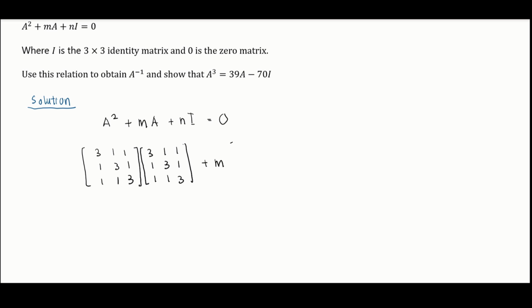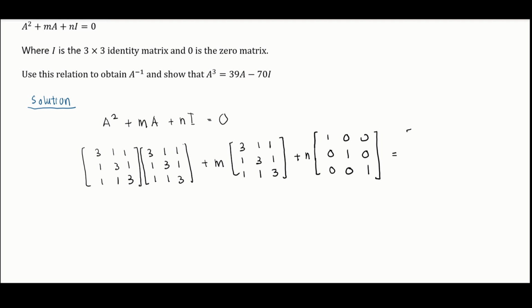So mA is m times 3, 1, 1, 1, 3, 1, 1, 1, 3, and nI is n times the identity, 1, 0, 0, 0, 1, 0, 0, 0, 1, equals the zero matrix, which is 0, 0, 0, 0, 0, 0, 0, 0, 0.